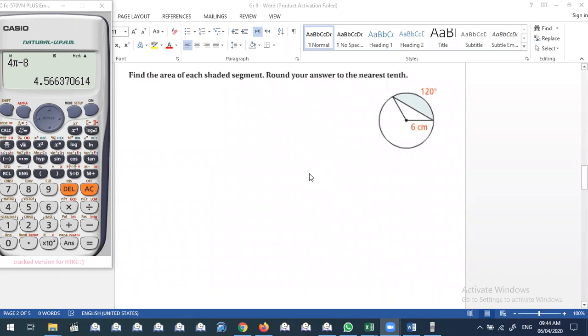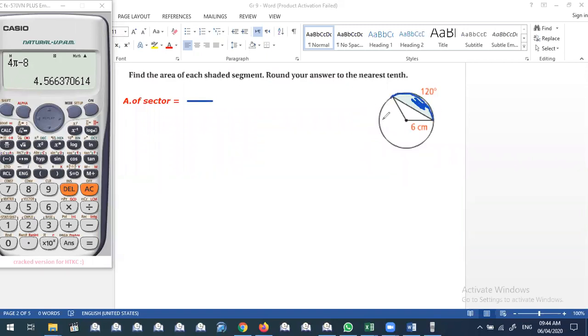Another exercise. Find the area of the shaded segment. Here we have a segment. I need to find its area. This segment. Find the area of the sector first. Area of the sector equals the measure of the arc of this sector, which is 120.